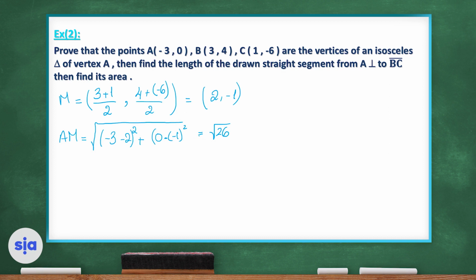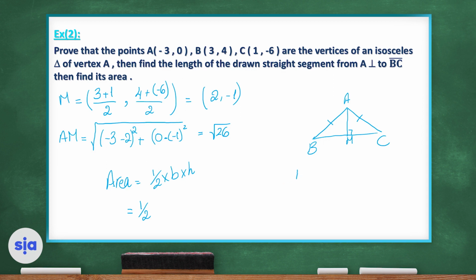Last part of the question wants you to find the area of triangle ABC. If this is triangle ABC, the area, its rule is half times base times height. So the area equals half times the base, which is BC, that we need to find the length of BC.